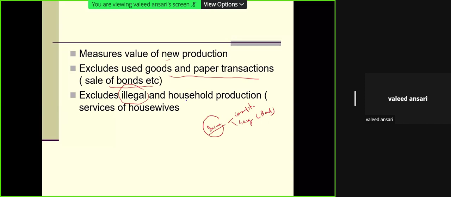So the household production, the services of housewives, are not included. For example, if I wash my car, if I perform certain activities, they are not included. Only those activities which are sold in a market for a price. There is a market where households offer their services.